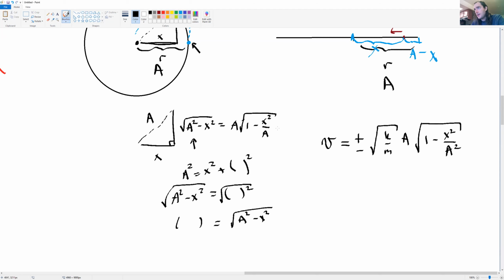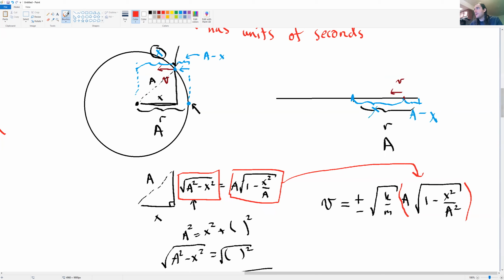Didn't we just say that? And look, the square root of a squared minus x squared is the same as a times the square root of 1 minus x squared over a squared. So these things are matching up. So indeed, we have a spring system here.